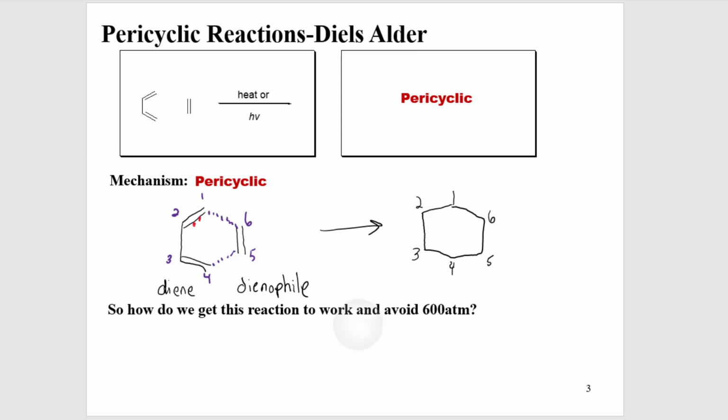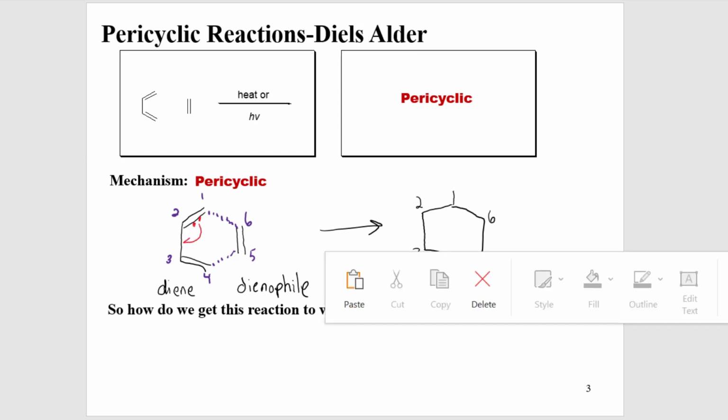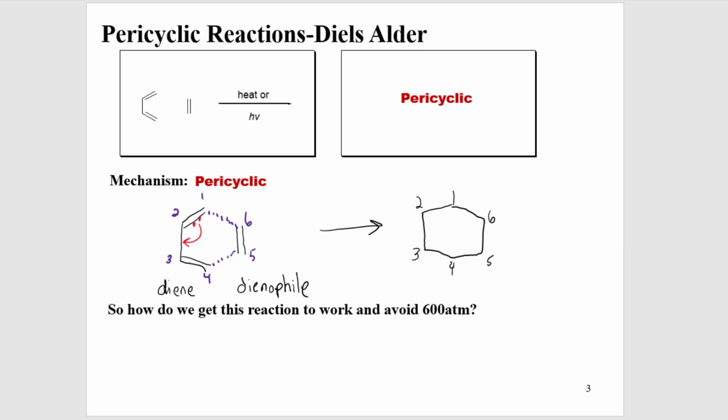So the pi bond moves here, and for this example, it really does not matter which direction you flow. The pi bond becomes the new 4-5 single bond. The pi bond becomes the new 1-6 single bond. And you can see how it's this cyclic motion of pushing around these pi electrons.